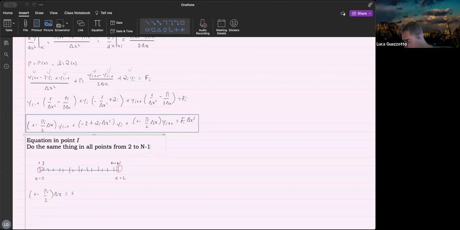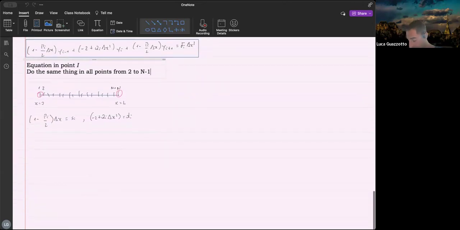I'm going to call this S sub i, and minus 2 plus q_i delta x squared I'm going to call d sub i. Okay, then the equations I'm writing look like this. Y1 is equal to Y0.